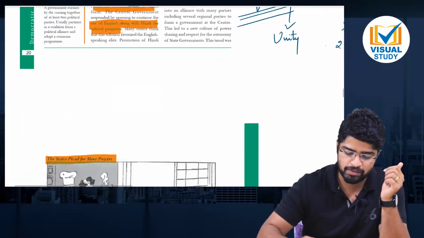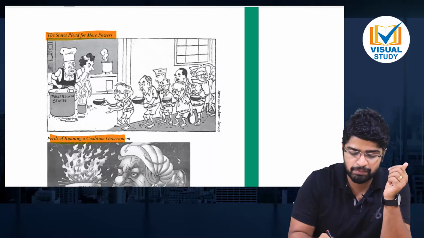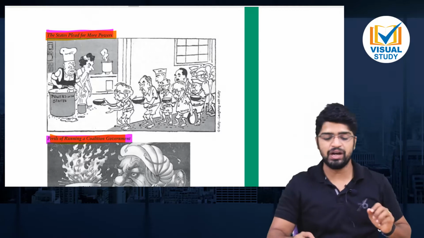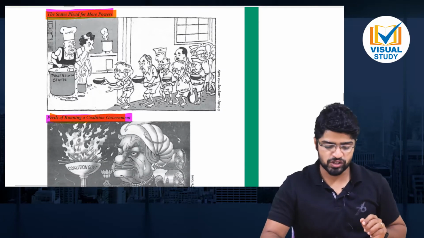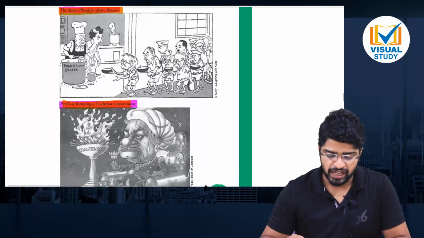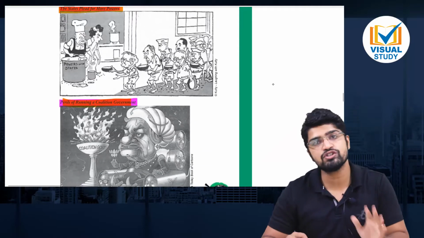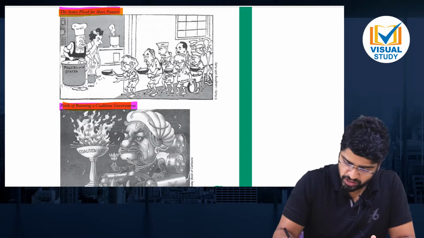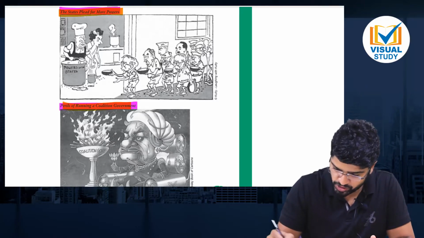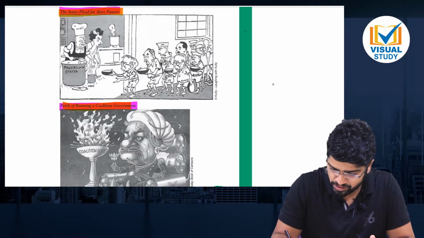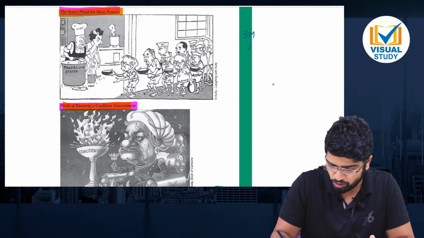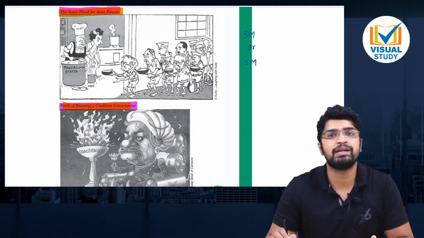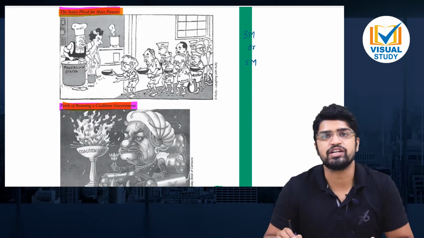That's it. Now, coming back to the next concept. The next concept is about the states plead for more power, and perils of running a coalition government. Now, you have two pictures shown over here, and these two pictures have a different story to tell. In the examination, there is a question which comes for on average 3 marks or 5 marks, typically called picture representation.